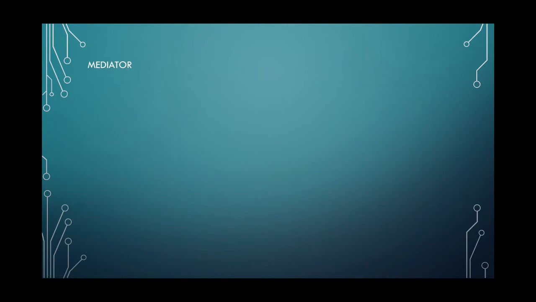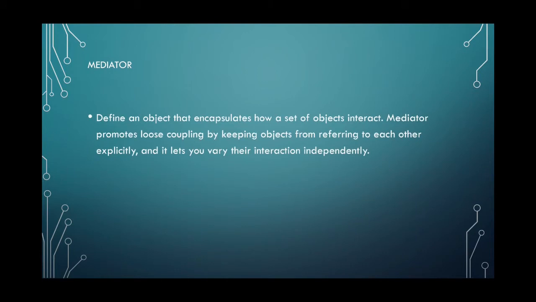The next thing we have to think about is the zigzag layer. How can this be resolved? This can be resolved by using a mediator. So what's a mediator? Mediator defines an object that encapsulates how a set of objects interact. Mediator promotes loose coupling by keeping objects from referring to each other explicitly, and it lets you vary their interaction independently.